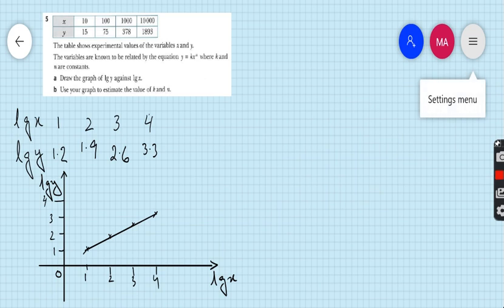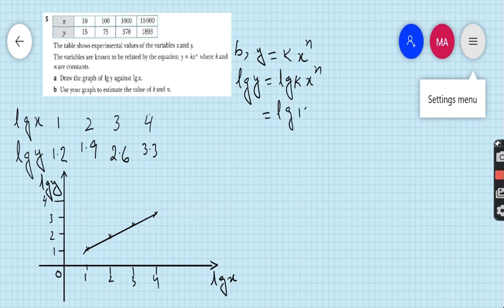Now, what is part B? Use your graph to estimate the values of k and n. Very easy. Take the given equation, y equals k x to the power n. Taking log on both sides, log y equals log k x to the power n.